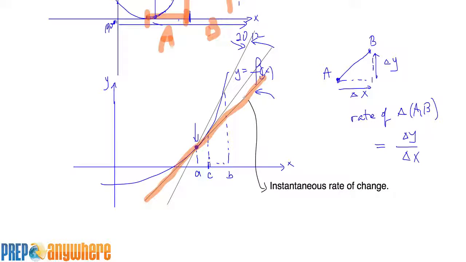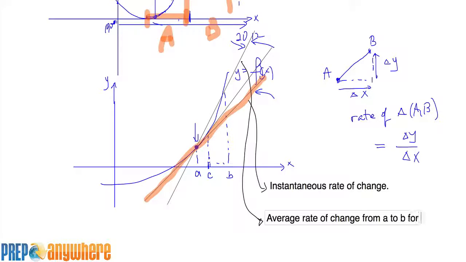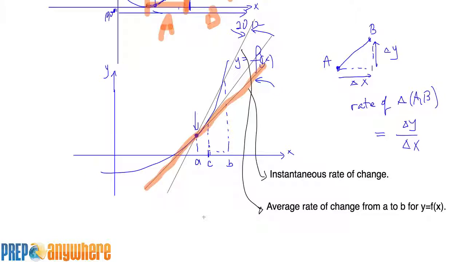And this one here, we call the average rate of change from A to B for the function y equals f of x. That's the picture. The main concept here is this: our ultimate goal in calculus later, which is what they're going to focus on when you get to calculus. In advanced functions, we're going to be dealing mostly with this, but we're doing this to later understand how to evaluate an instantaneous rate of change.